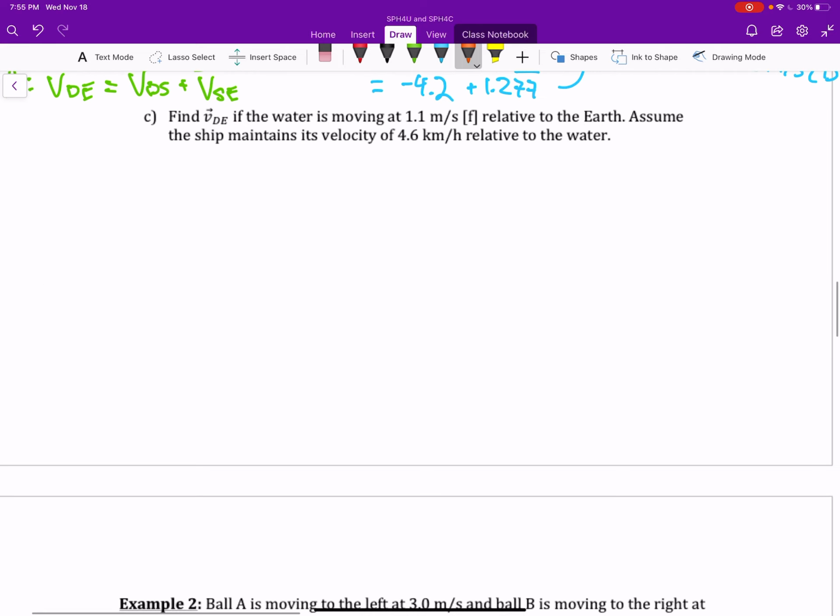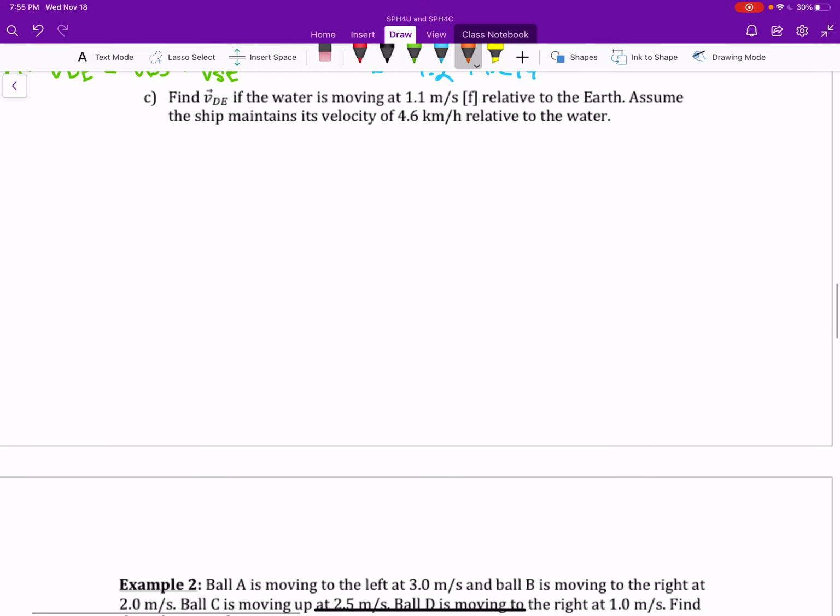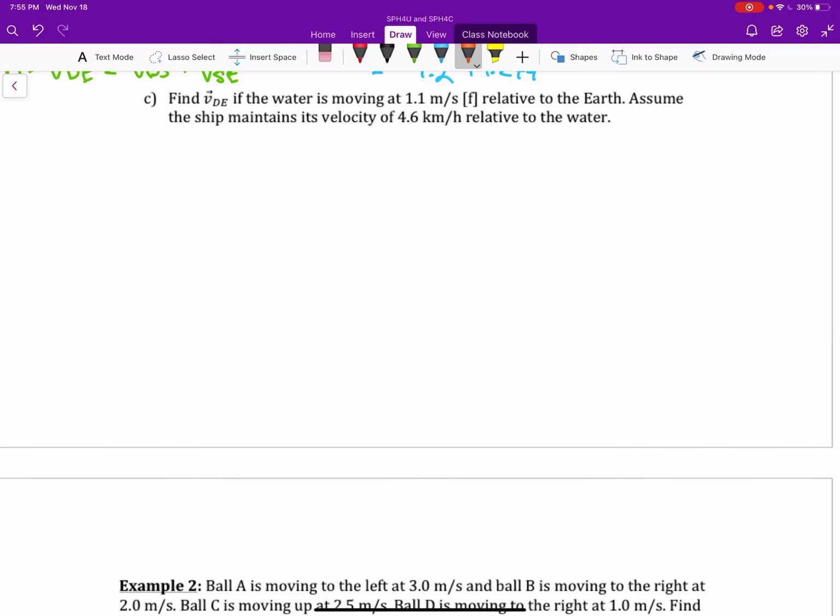And now, we'll add another condition. Find disk relative to Earth if the water is moving at 1.1 meters per second forward relative to Earth. Aha. So now we have a new condition. Assume the ship maintains its velocity relative to the water. So everything is going to be the same.